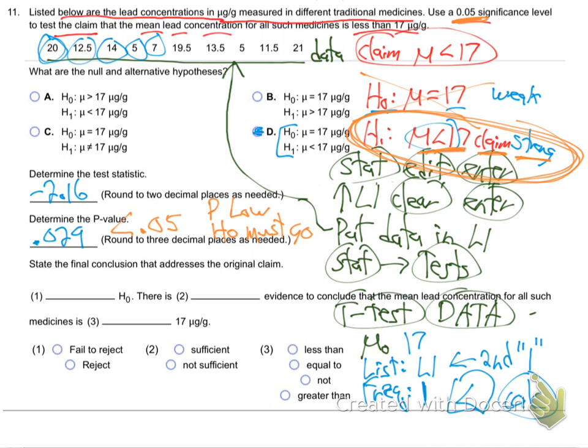So we reject the null. H0 must go. There's strong evidence to conclude that the mean lead concentration for all such medicines is, what do we conclude? Less than 17. So there's strong evidence that the average amount of lead in the medicines is less than 17, which is a good thing. There it is.